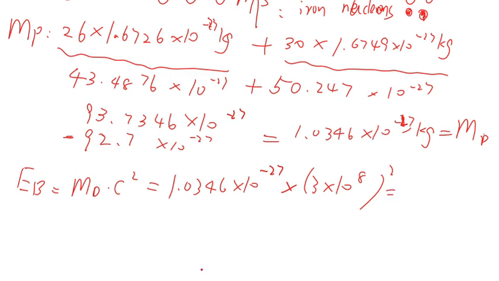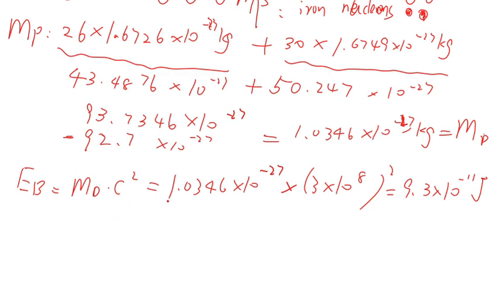It is going to be, let's see, 1.0346 times 9 times 10 to the power of negative 11, so it's going to be 9.3 times 10 to the power of negative 11 joules. So this is the total binding energy.